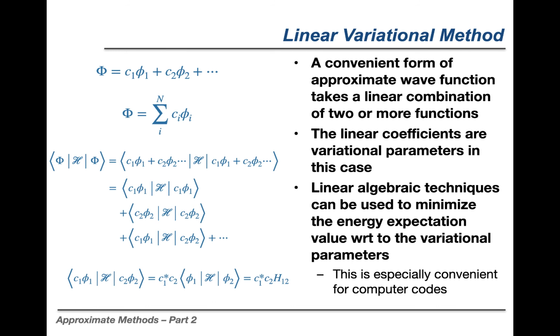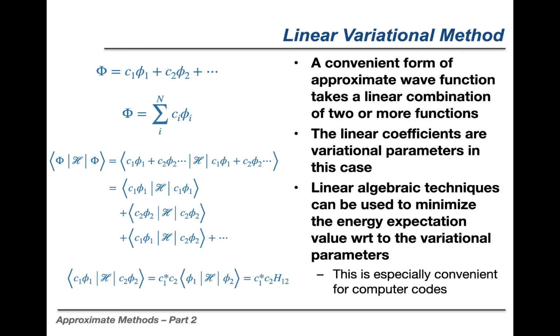The key thing to take away from this, and your book talks about this a bit, is that once we get to matrices and we have a whole bunch of C's to solve, it turns out that this looks like a very conveniently structured linear algebraic system of equations to solve. We basically have matrices and vectors, and we have to solve for the best choice of the C's using some derivatives.